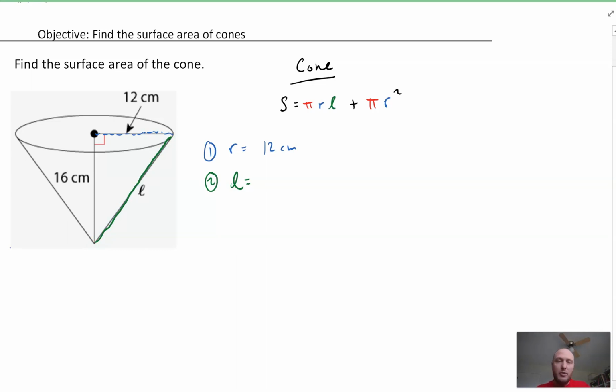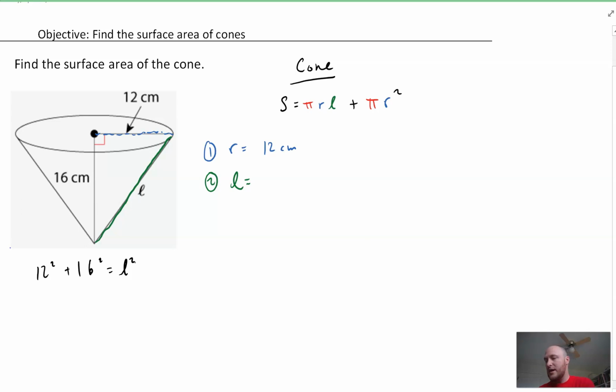So we're going to have to use the information given. Generally with these problems you will see an embedded right triangle. I have the height of the cone, from the center of the base to the apex. That is 16 centimeters. And I have the radius, which is 12 centimeters. So I can use the Pythagorean theorem. 12 squared plus 16 squared is equal to L squared.